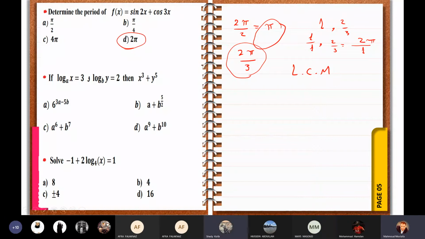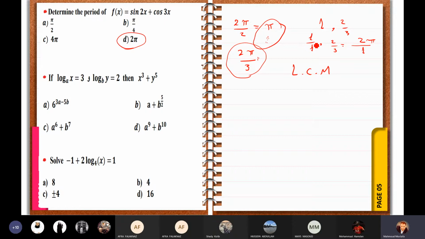Okay. Here we have 2x, so the period will be 2 pi over 2, which is pi. Second one, 3x means 2 pi over 3. We need the least common multiple between pi and 2 pi over 3. For fractions, how to find it?